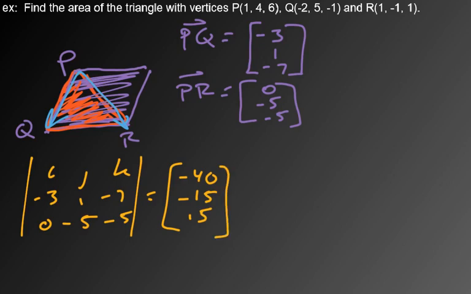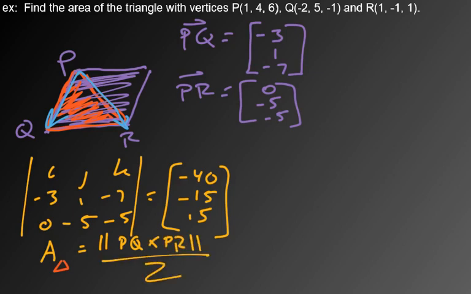And then basically the area of the red triangle would be the magnitude of that cross product, PQ cross PR, divided by 2, right?